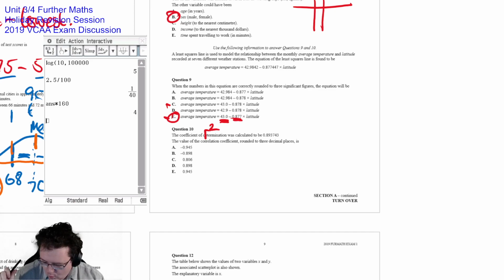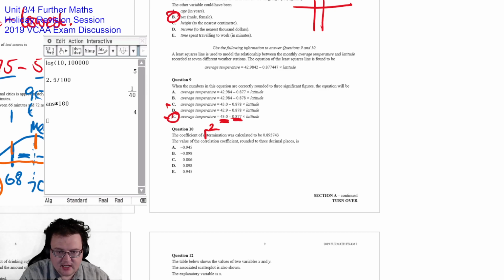Now, when you do this question on your CAS, this is where a lot of people made the same mistake: they literally just went square root, converted it to a decimal, and they get 0.94.